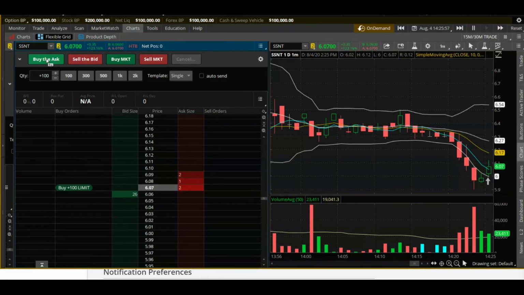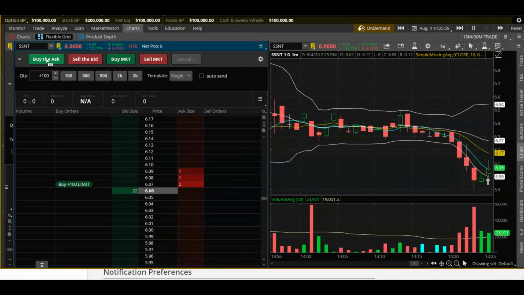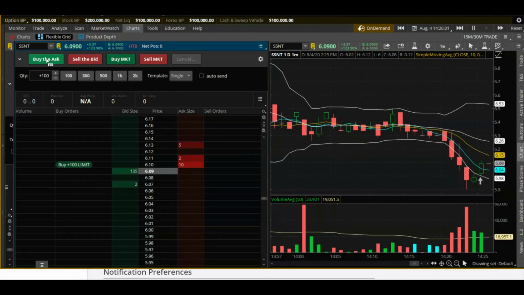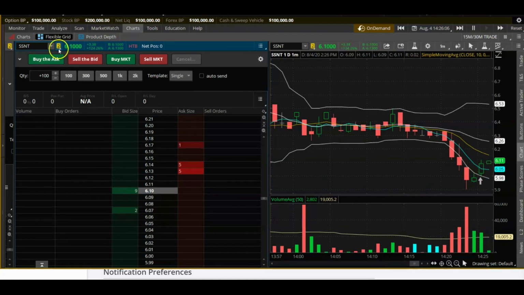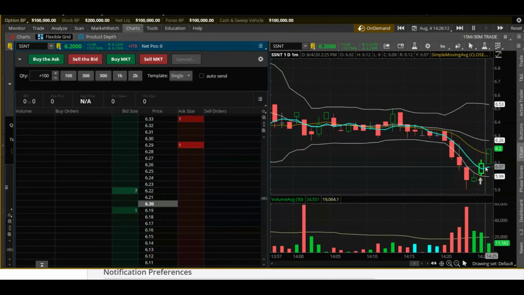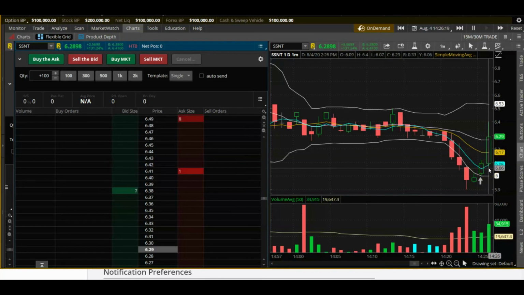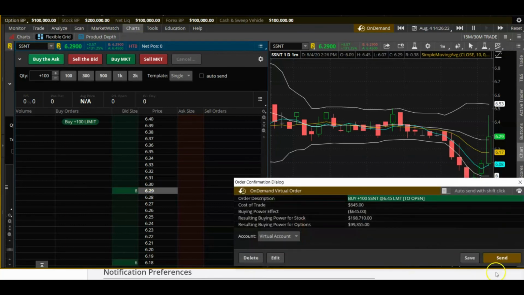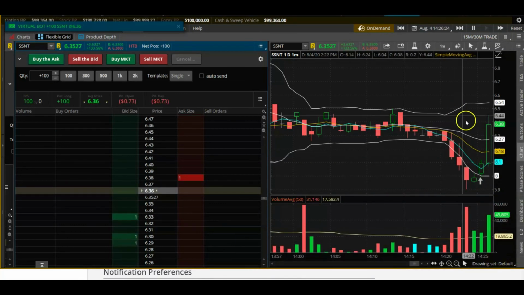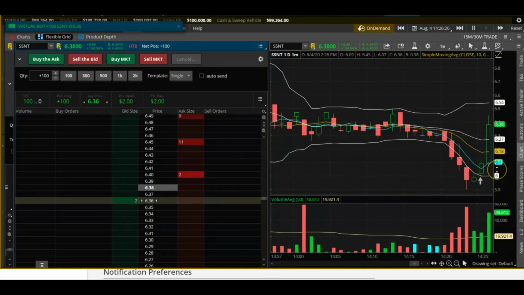I tend to be more of an optimistic trader, which doesn't really help me that much sometimes. To make a really safe trade, ideally, I would want to wait for this blue moving average to break up above the yellow. But because this is just a demo, I'm going to pick up my 100 because I think I missed that move.